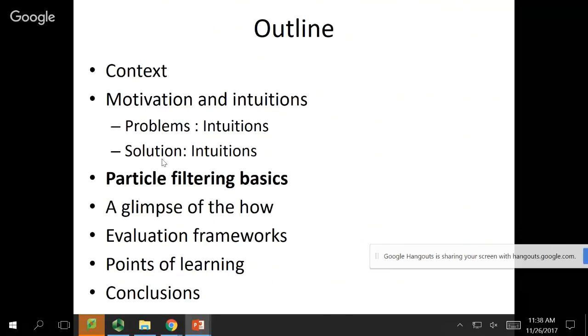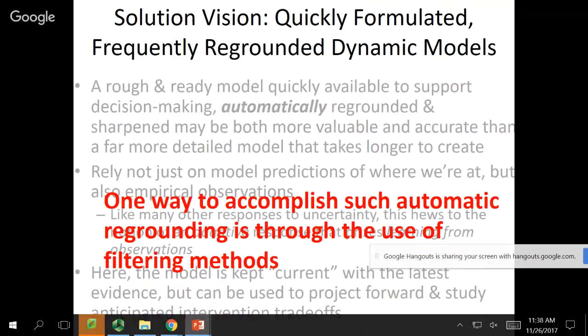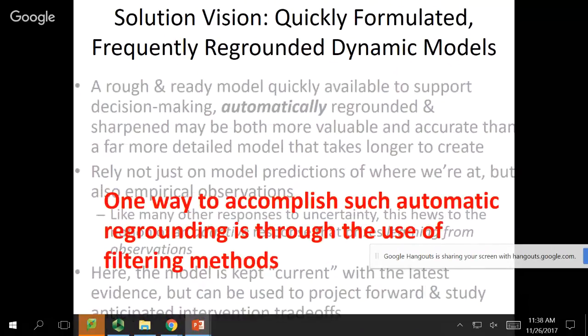Let's jump now into particle filtering basics. So I mentioned this solution vision, and one of the most powerful ways of accomplishing this automatic regrounding using today's computational statistics and machine learning tools is through the use of what are broadly called filtering methods.